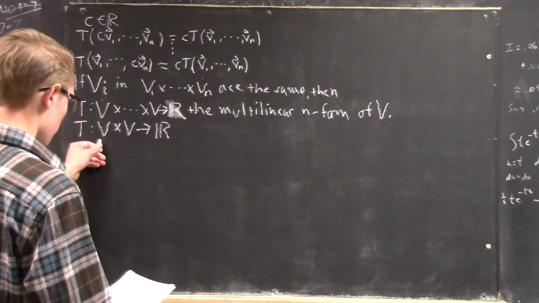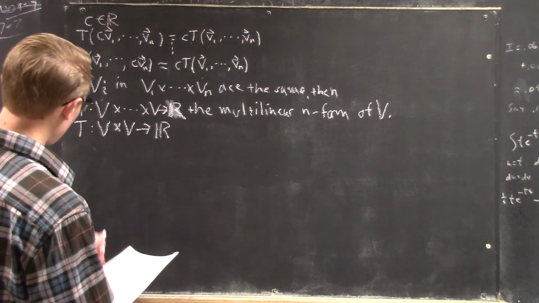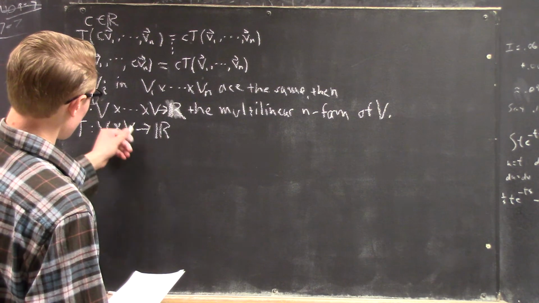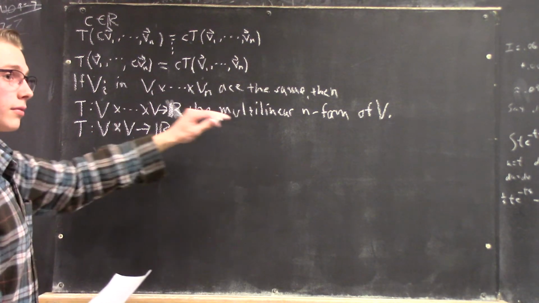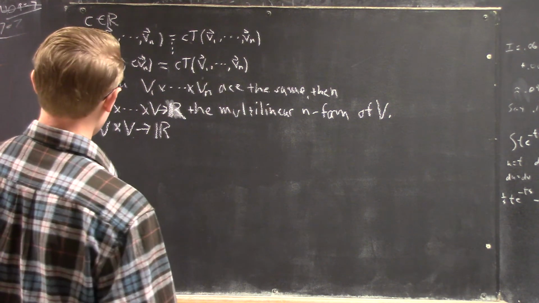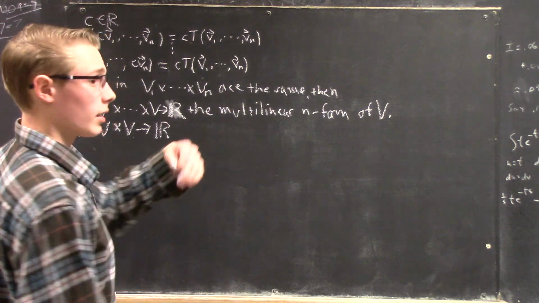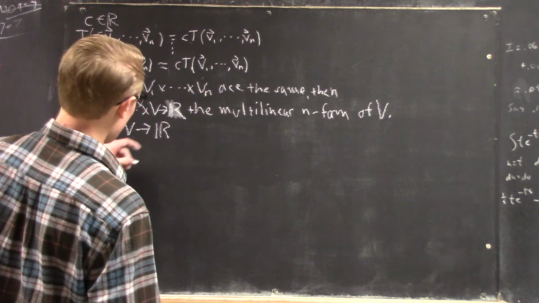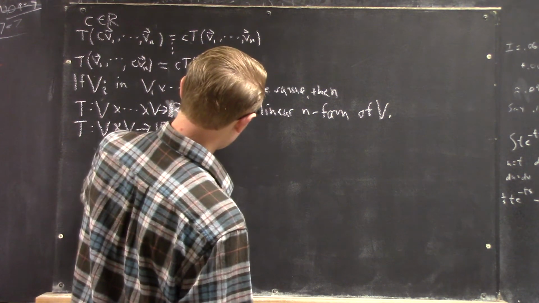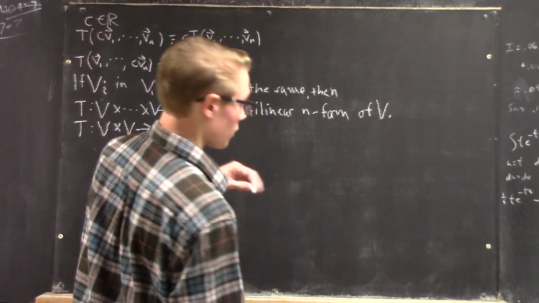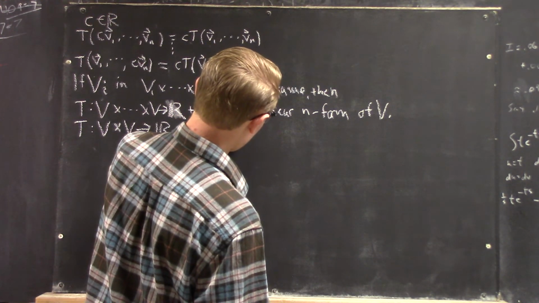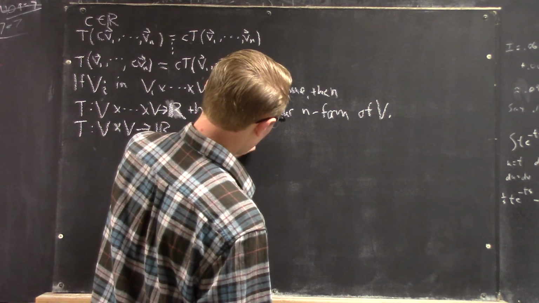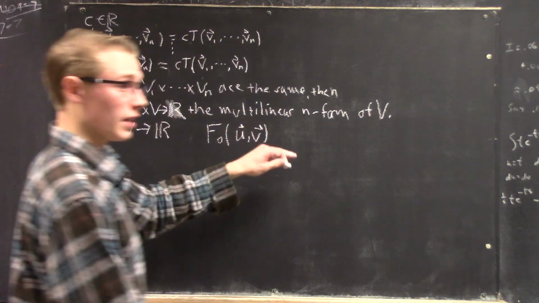So for this particular set, this is the bilinear mapping on vector space V. And to give a particular example of a bilinear mapping, let's just say we had a function f0 of two particular vectors, call them u and v.